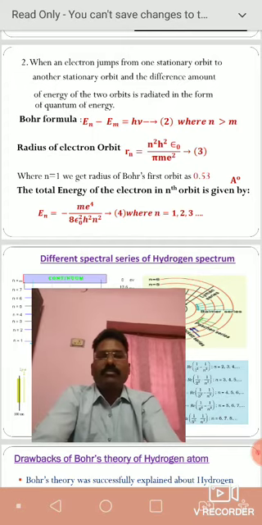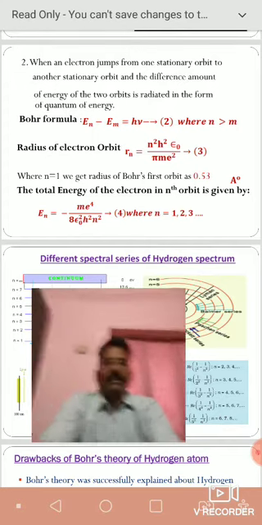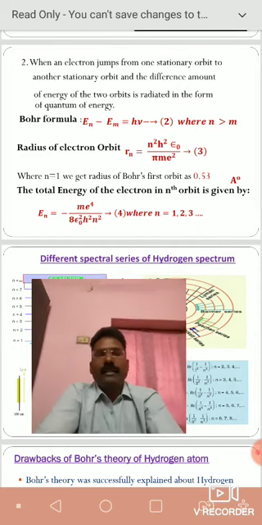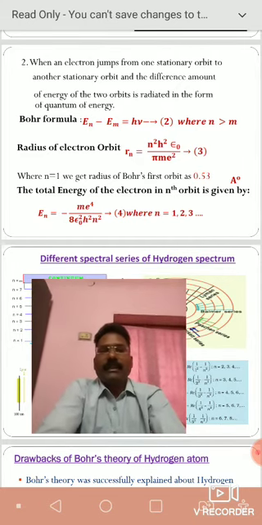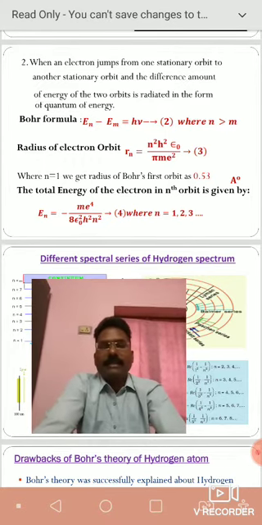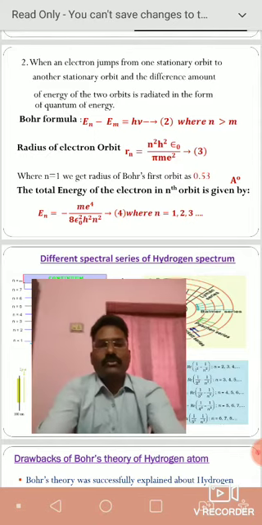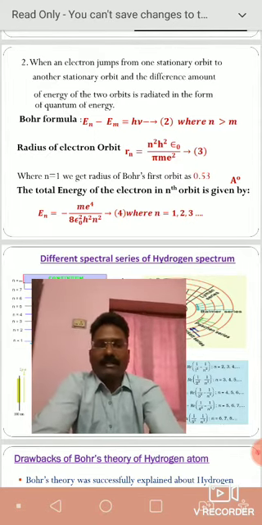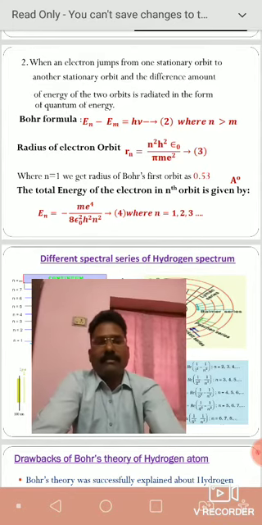Where n is equal to 1, we get the radius of Bohr's first orbit approximately 0.53 angstrom. Here the total energy of the electron in the nth orbit is given by En is equal to minus m e to the power of 4 by 8 epsilon naught squared h squared n squared, where n is equal to 1, 2, 3, etc., which gives the number of orbits.